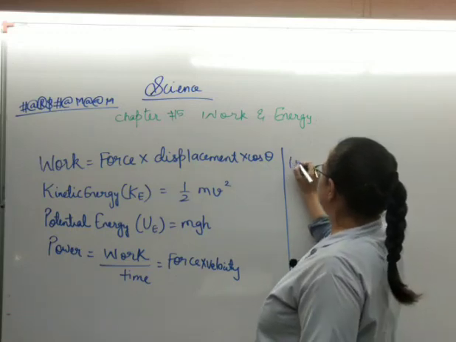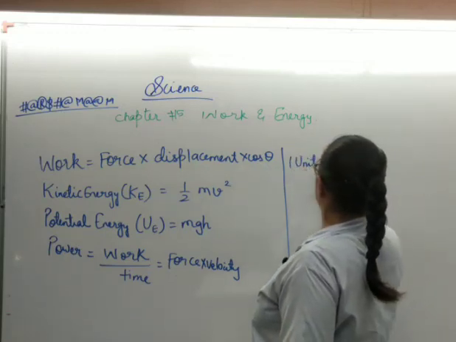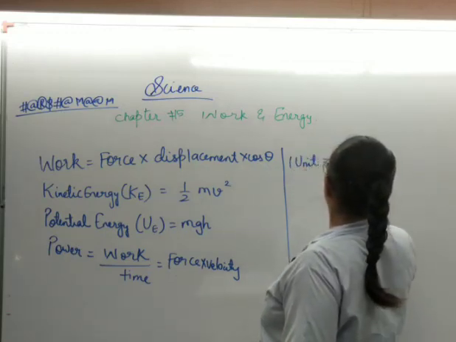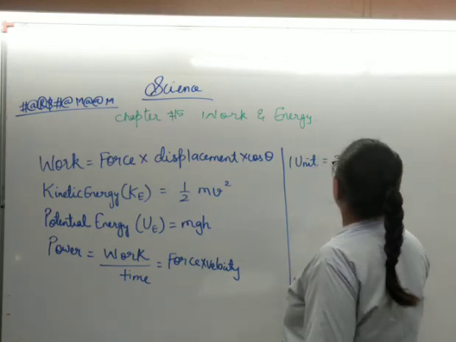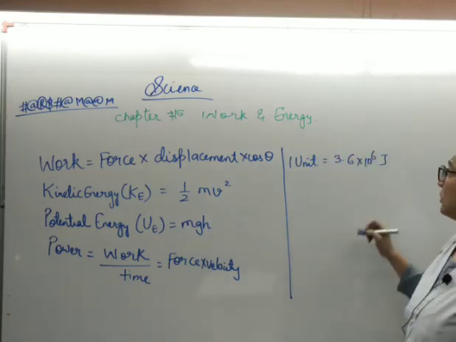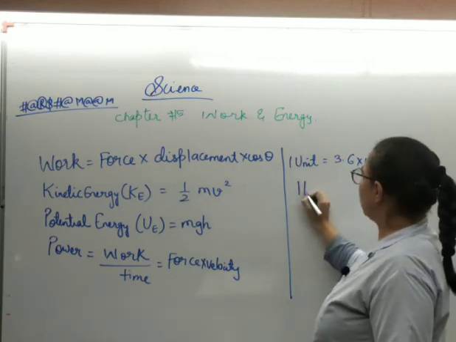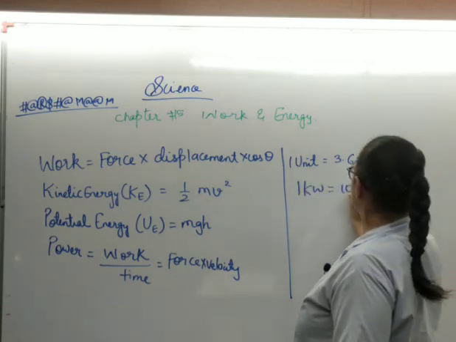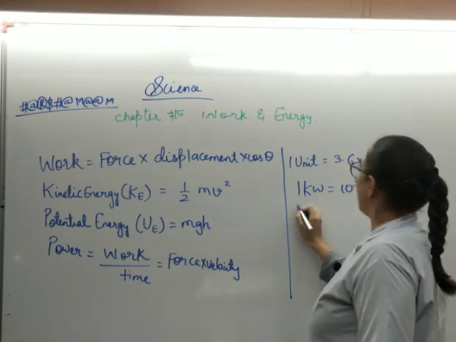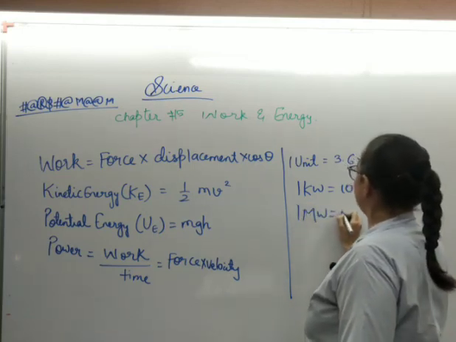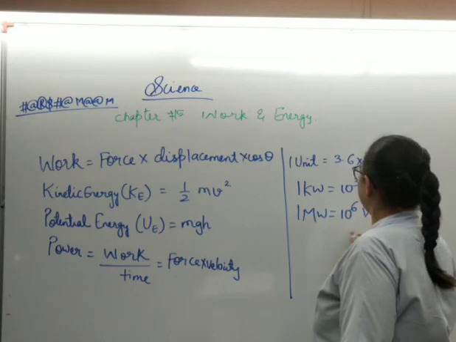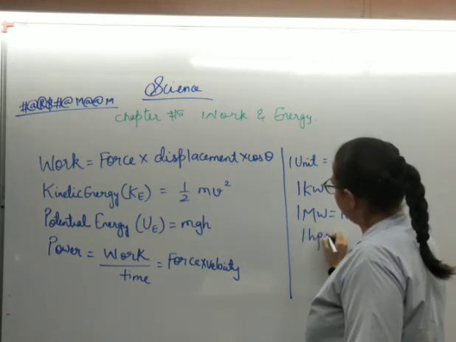Then 1 unit is 3.6 into 10 raised to 6 joule. After that 1 kilowatt, 1 megawatt is 10 to the power 6 watt, and 1 horsepower.